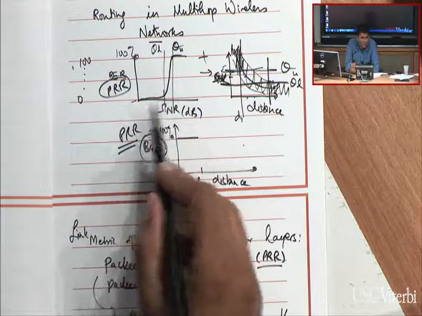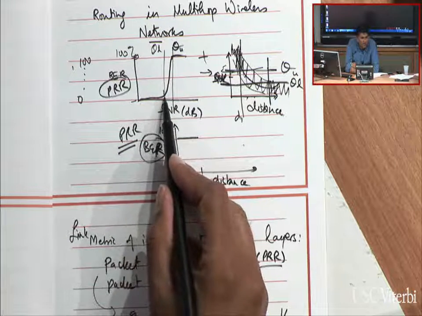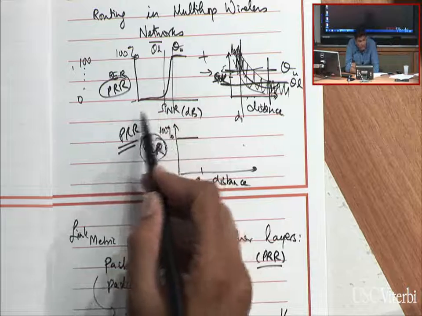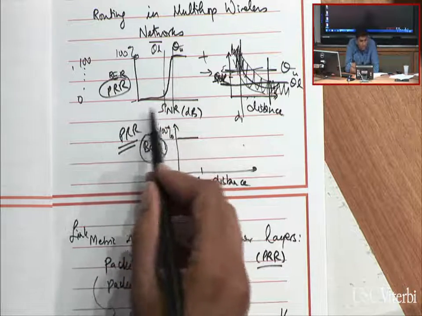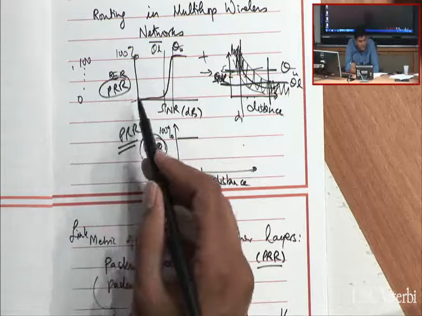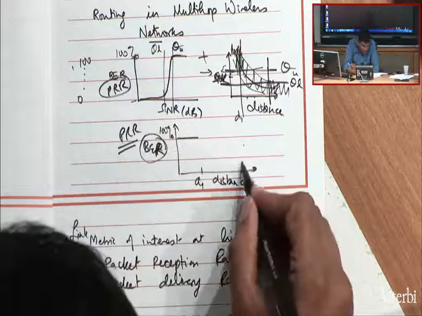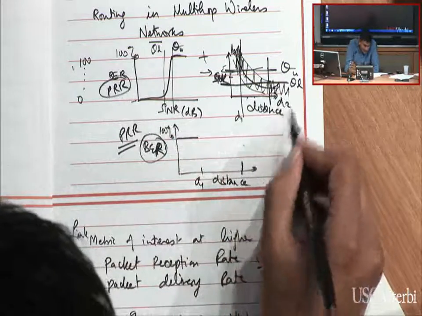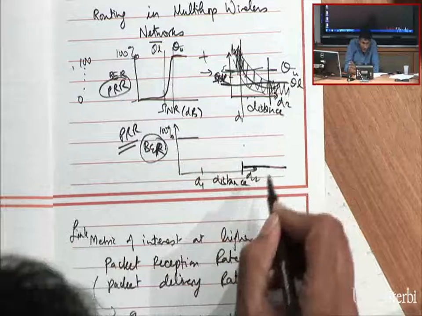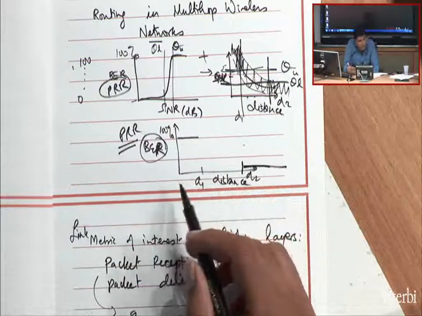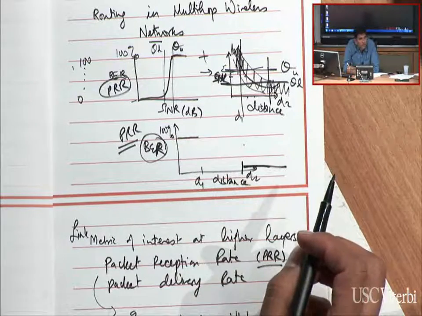So in this case, most of the time, the SNR is basically in this region. With all the variations, it's pretty much in this region. The packet reception rate is close to 0%, and that's at some distance, we're calling it D2 here, after which you're virtually getting no packet receptions at all.